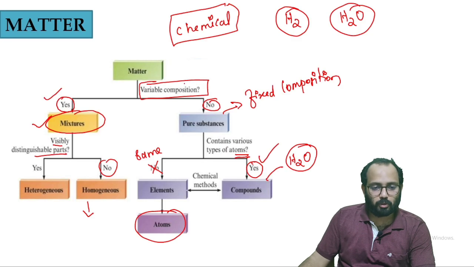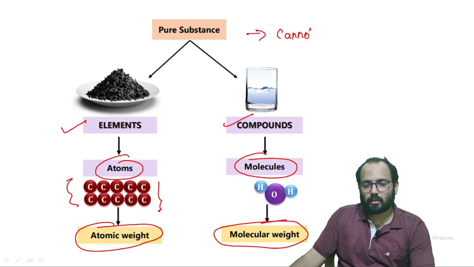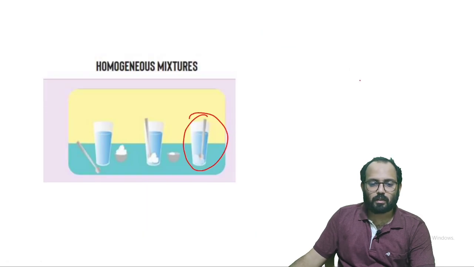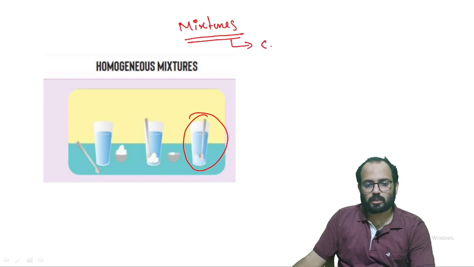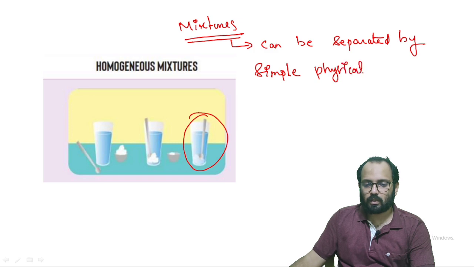And the major difference between the pure substance and mixtures: pure substance cannot be separated by simple physical methods, but mixtures, whether homogeneous or heterogeneous, can be separated by simple physical methods.